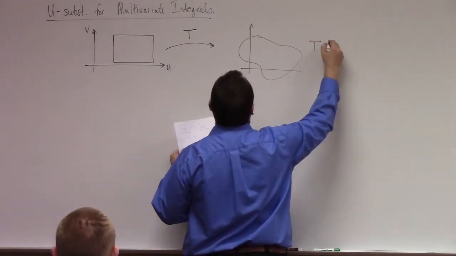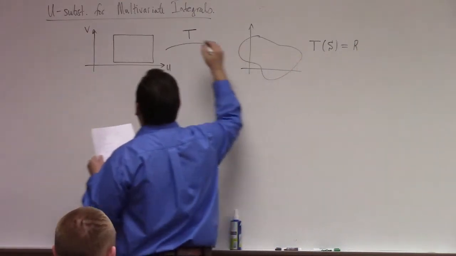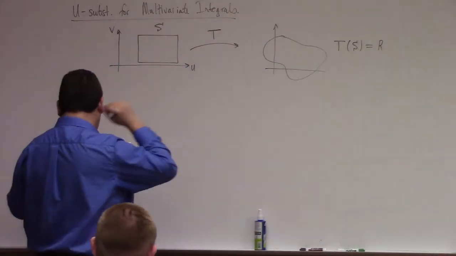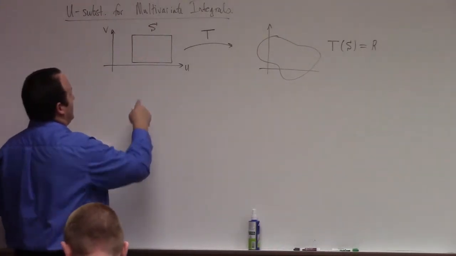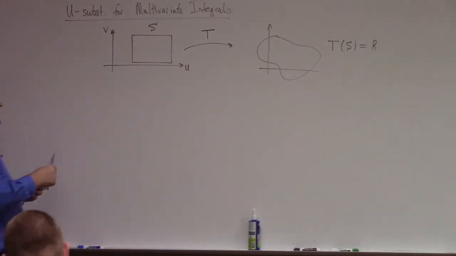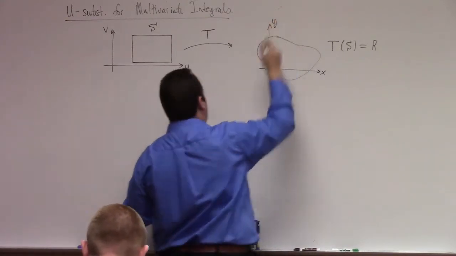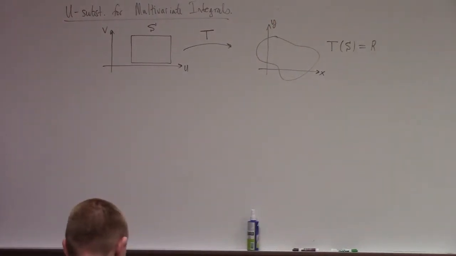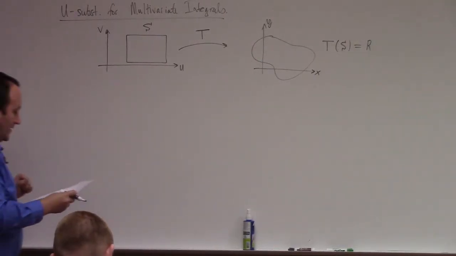So T of S is equal to R. I'm going to call this thing over here S, and that thing R. A typical point in the UV plane is (u, v), and a typical point over here is (x, y). I want to relate an integral over S and an integral over R.